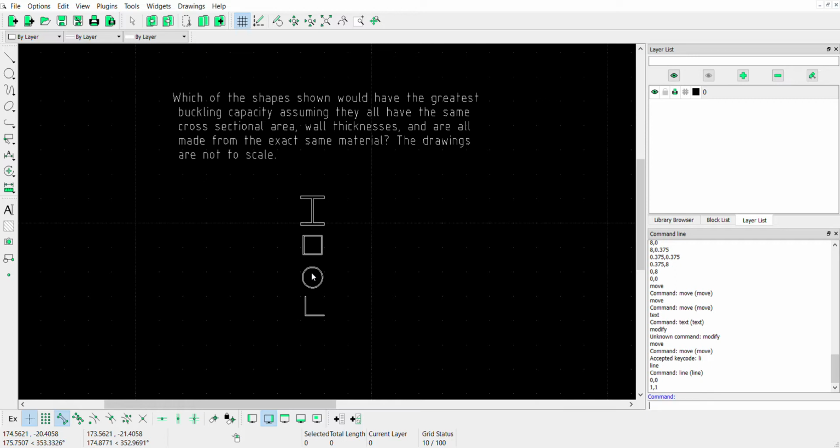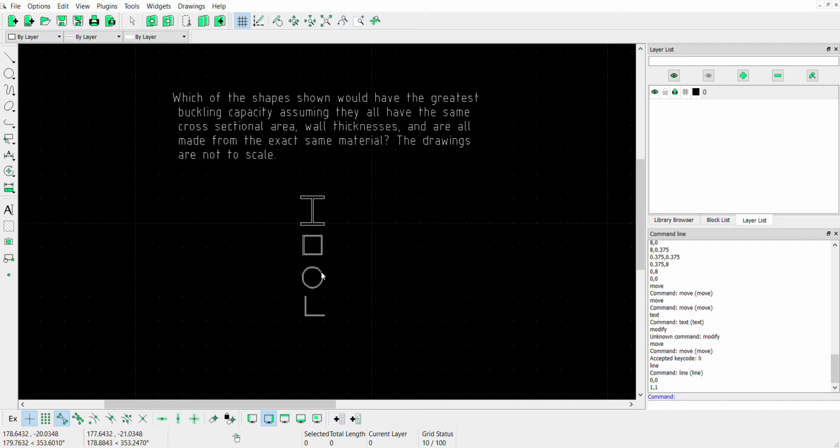It is equally likely to buckle in any direction. Because of that, there's no extra material in the circle. It's as efficient as it can be.